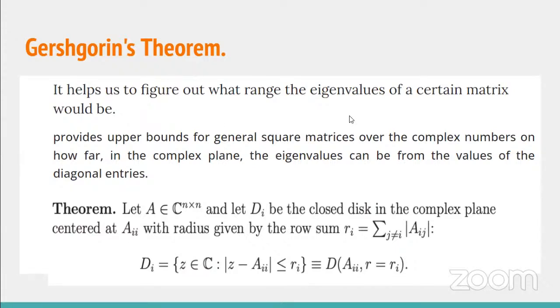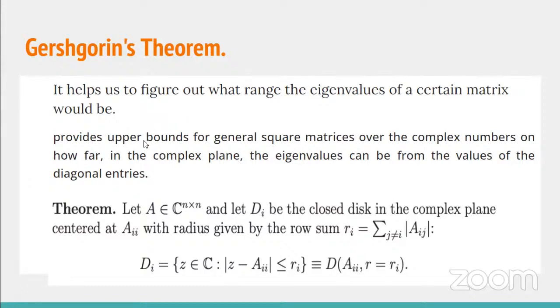The main aim is to help figure out what range the eigenvalues of a certain matrix would be. It's giving you the range, not the exact values. It's a theorem, not for solving a problem. It gives you a range: your eigenvalues could be between this number and this number. Let me go ahead and explain the theorem.